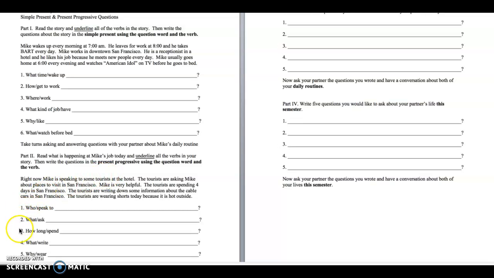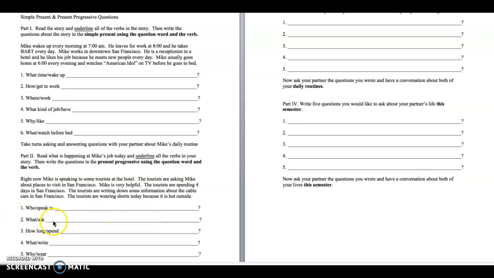So again, they had to write questions about the story in present progressive, going over the same formula for the questions, except this time the helping verb changes, of course, because it's present progressive, so the helping verb is going to be a form of be, and in the main verb they have to add the ing at the end. So who is Mike speaking to?